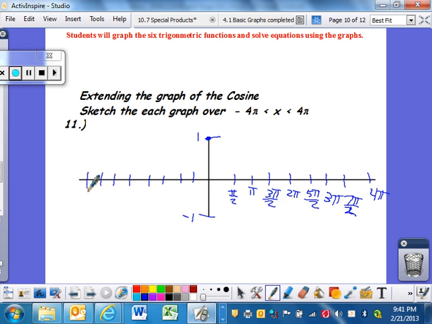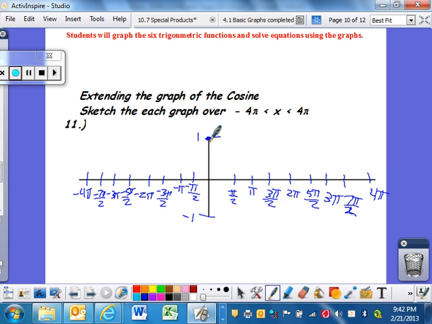Hopefully your graph looks a little bit better than mine, because my numbers aren't quite spaced out as nicely. So our negative 3 pi over 2, our negative 2 pi, negative 5 pi over 2, negative 3 pi, negative 7 pi over 2, and negative 4 pi.